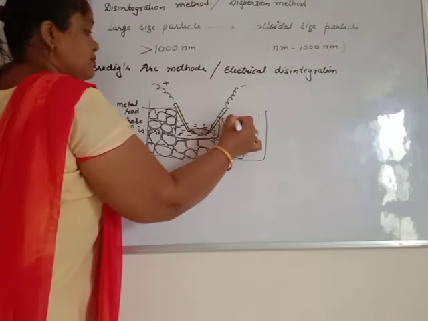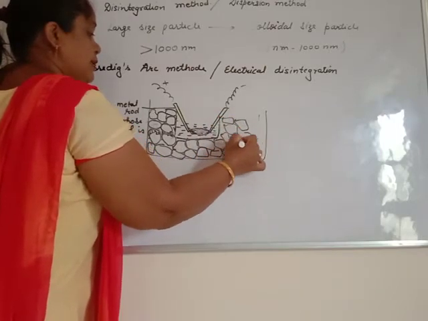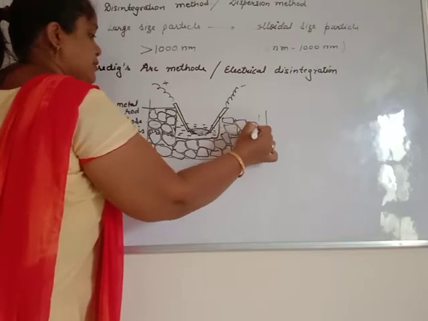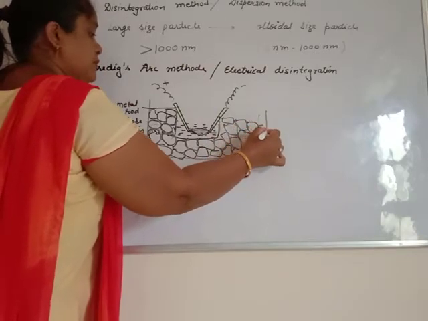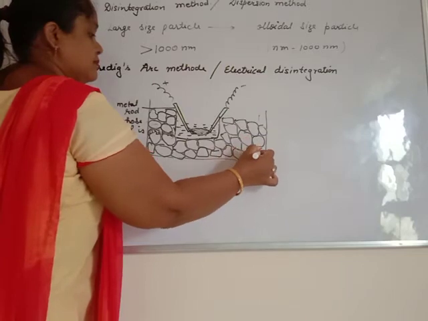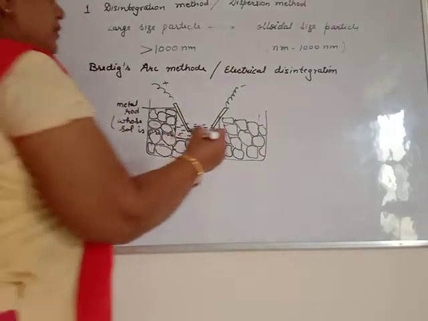Main point is that in this method, which type of metals are used? That is the least reactive or noble metals. This is the ice.